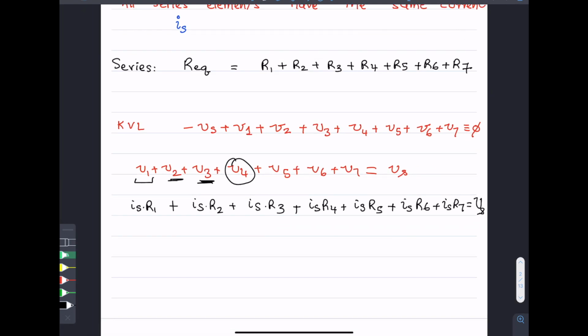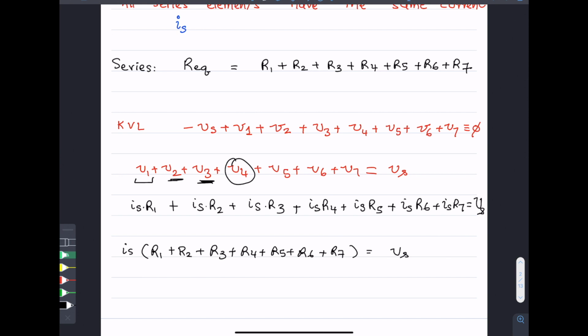So factor out Is: I have the sum of these resistances R1 plus R2 plus and so on up to R6 plus R7, all of that equals Vs.